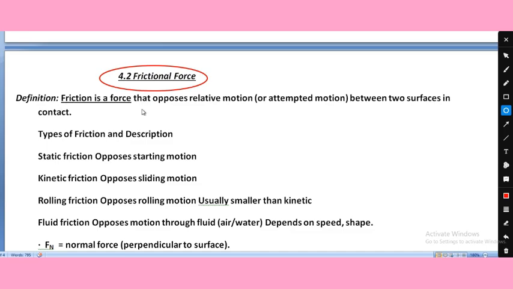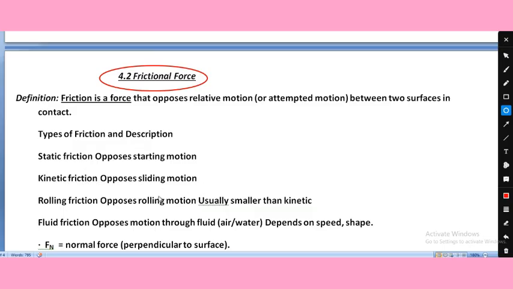Friction is a force that opposes relative motion, or attempted motion, between two surfaces in contact. We can define the types of frictional force. Static friction is friction that opposes starting motion.